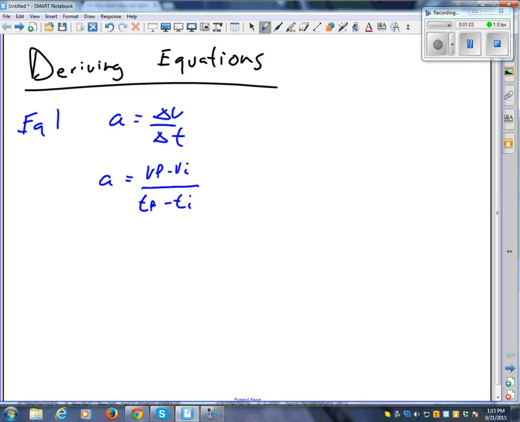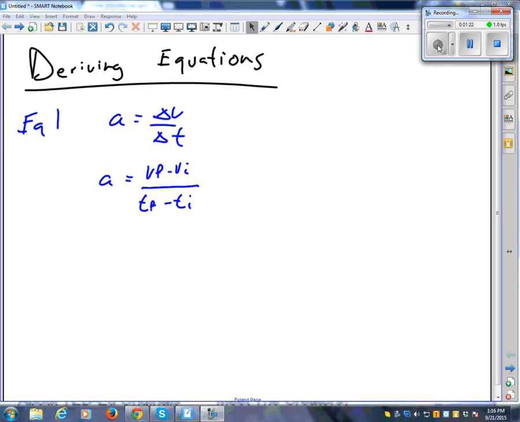Now, 99.9% of the time, the initial time is equal to 0, right? Because timing starts at 0. So generally, the Ti just is going to be minus 0, and it kind of just disappears. Okay?